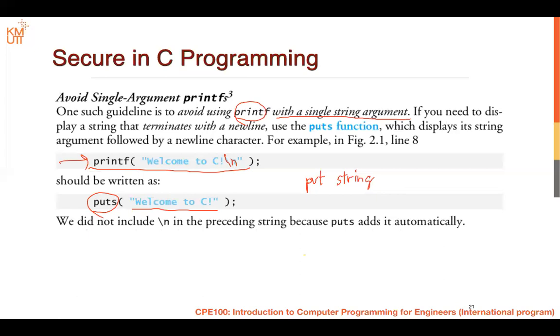But it is not a mistake. You can also use this one, but this is in order to make it to be secure, right? You can just use puts, right? It will put a string on your screen and then set the new line as well. So you don't have to include \n in the puts, right? It will add \n on a new line automatically.